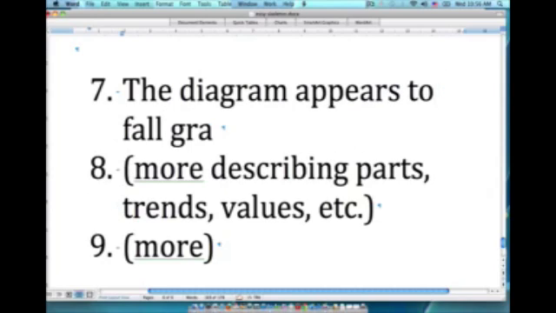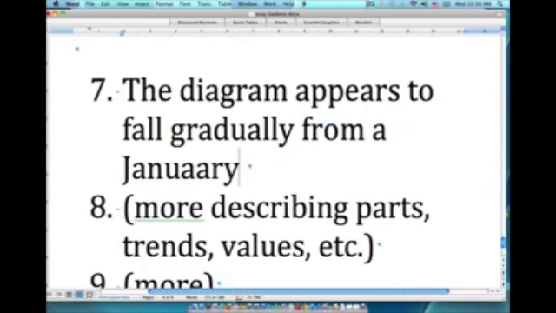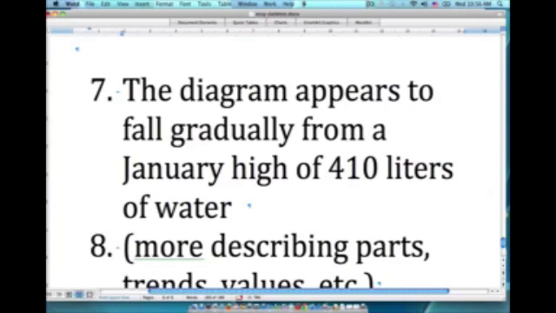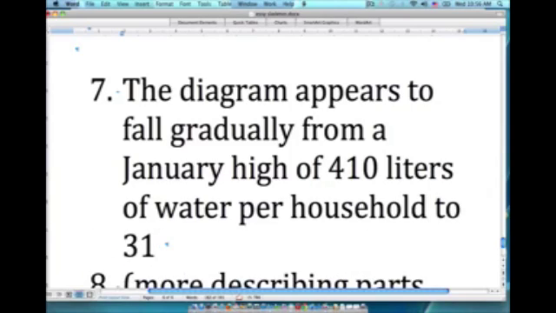fall gradually. As you remember from before, we had the word modestly. We could put that in here too. Fall modestly. Let's say from a January high of 410 liters of water per household to perhaps 340, not 310, liters in May.